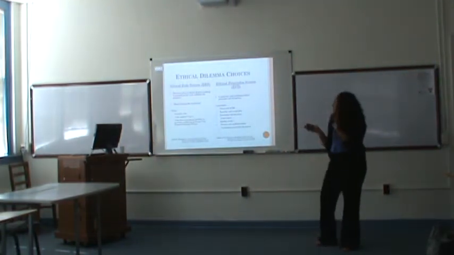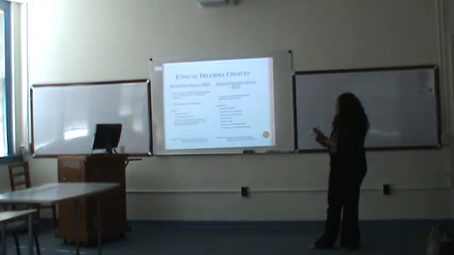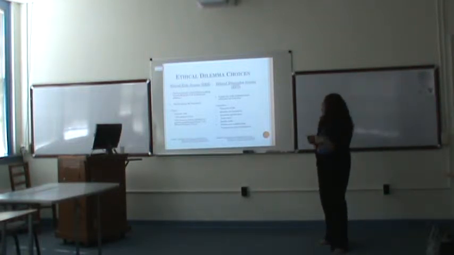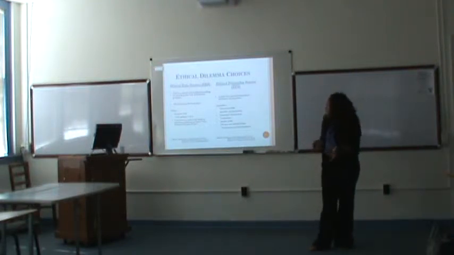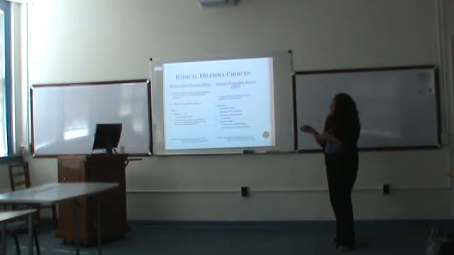There are two ethical dilemma choices: the first one is ethical rules screening, and the second one is ethical principles screening. The ethical rules screen is used as a step in ethical decision making by consulting the Code of Ethics for guidance, and this screen should always be used first.